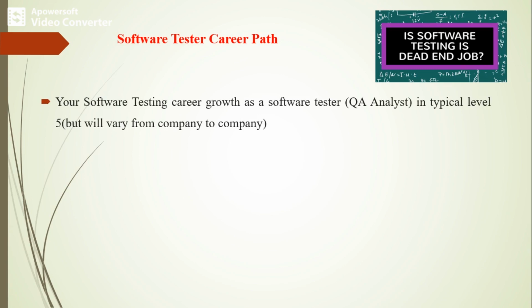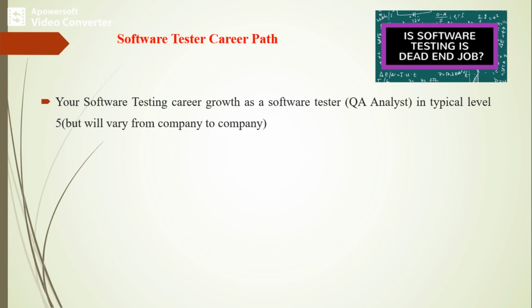Once you become a quality analyst, there are typically 5 levels in total, and your growth will go on through them. It may vary from company to company, based on their requirements for segregating the levels.